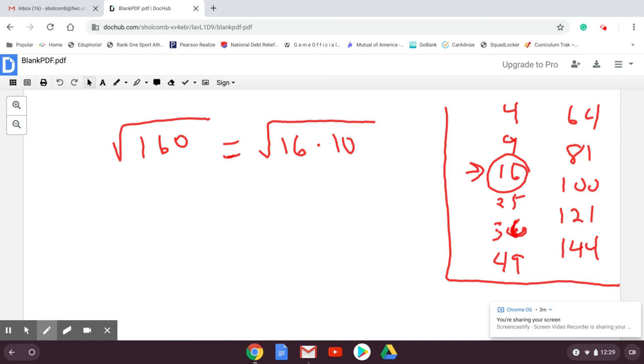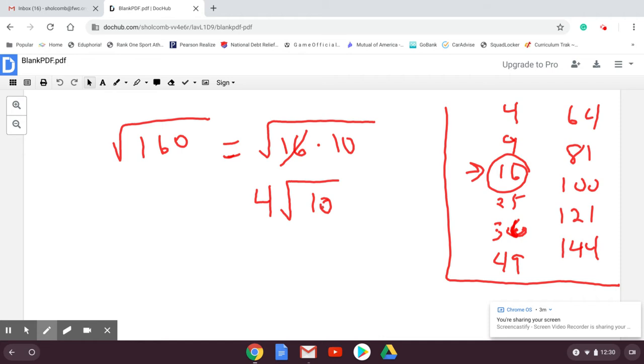The difference is I've identified something that I can take a square root of. Everybody here knows that the square root of 16 is 4. So why don't we make it a 4 on the outside and leave the 10, which has no perfect square, on the inside? Now we've taken the square root of 160 and we've simplified it into 4 root 10 or 4 radical 10, as I'll sometimes say.